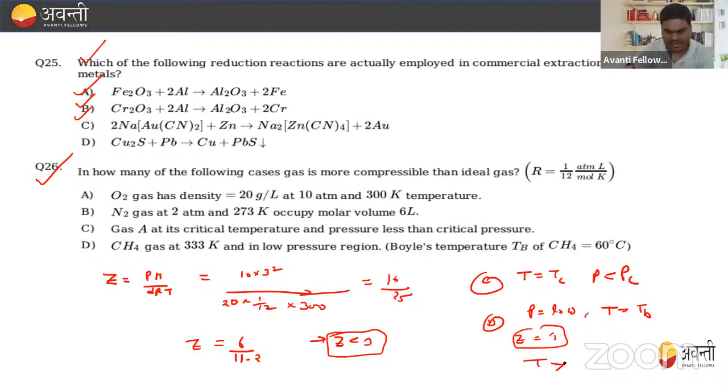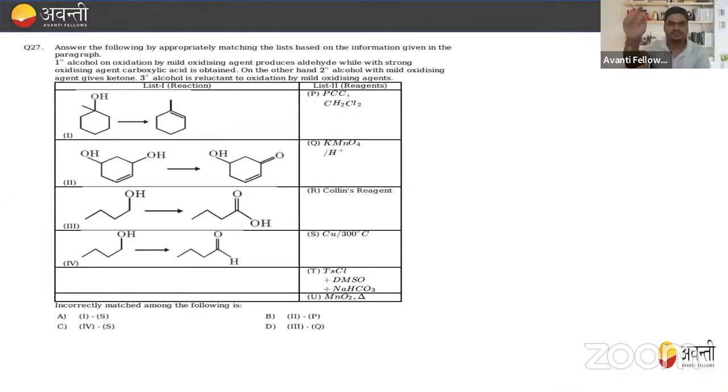Or we can say T is greater than TB. So which of the following options is correct for this, beta? That is options A, B, and C. All three options, A, B, and C, are absolutely correct for this.